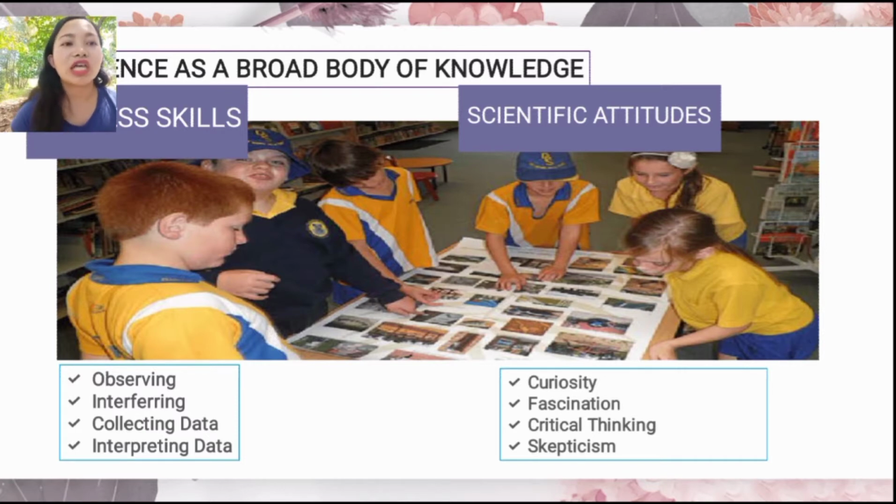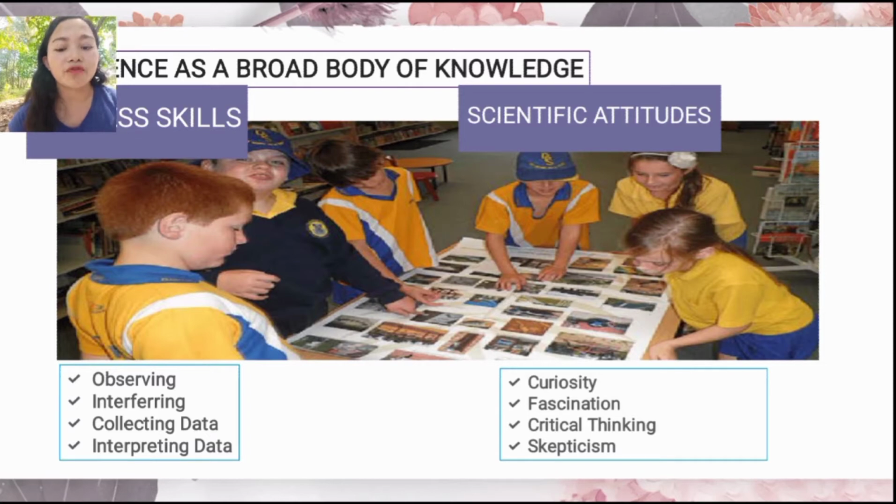The scientific attitudes involved in that activity are curiosity, fascination, critical thinking, and skepticism. Why curiosity? Because as they choose, of course they have to ask what are the characteristics of these animals, and why does it belong to this one.